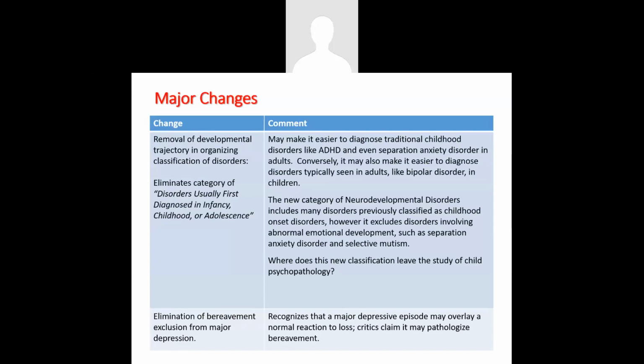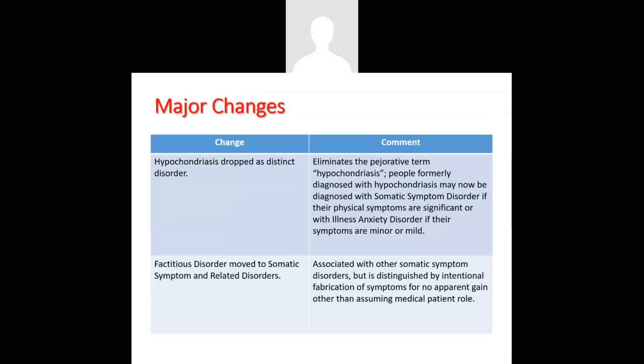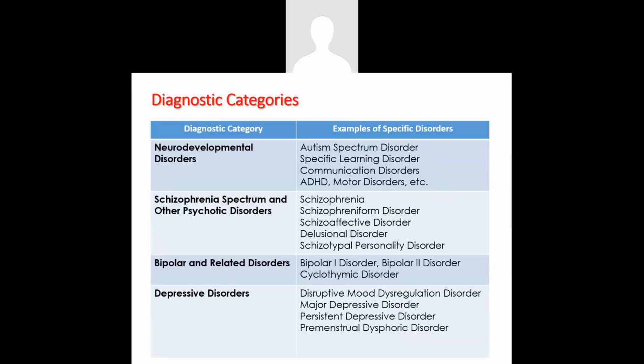So we do recognize that someone could have a major depressive episode on top of a loss. Some people say that may pathologize bereavement. What we're trying to say is it's possible to have both at the same time. Hypochondriasis is now shifted into either somatic symptom disorder, if there's physical symptoms, or illness anxiety disorder. Couple other shifts over time.